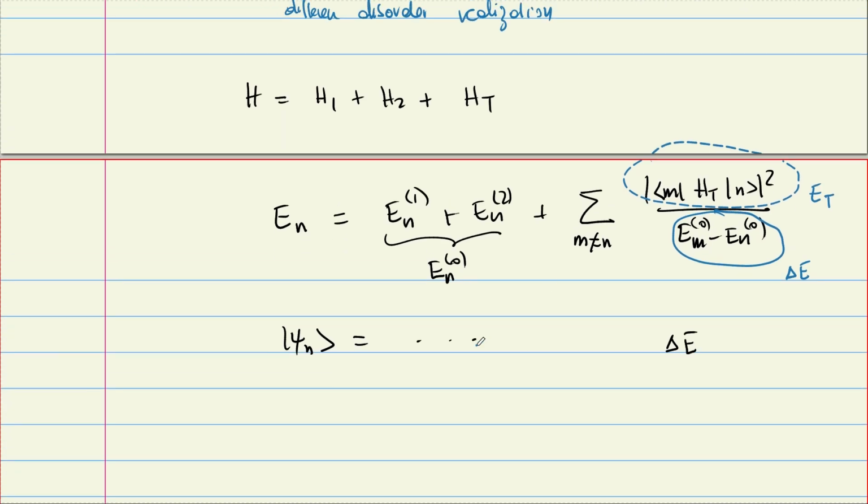The key here is that whatever the perturbation expansion is, E of N is going to be only a function of E Thouless over delta E and nothing else.